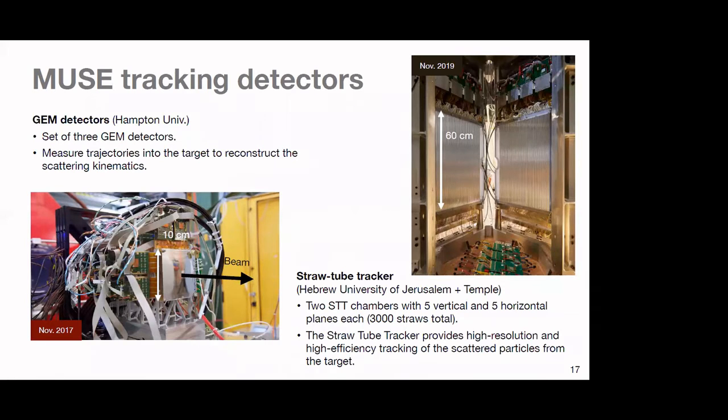The scattering angle is determined by the GEM detectors by Hampton University and the straw tube trackers from Hebrew University and Temple University. So that is for the incident lepton, that's going for the outgoing lepton. They collaborate and determine our reaction vertex and the scattering angle.